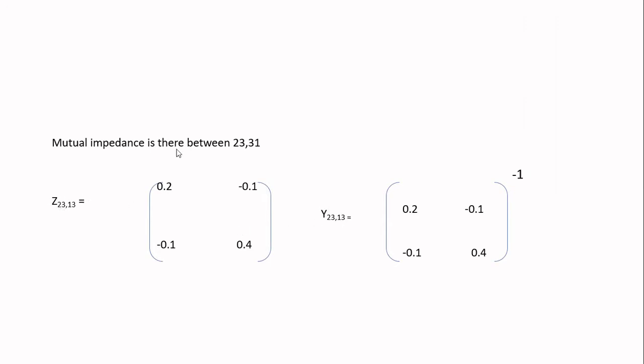The mutual impedance is there in between 2-3 and 3-1. 3-1 is the new element that will be added in step 6, and 2-3 is the already existing element. First we form the Z23, Z13 matrix.